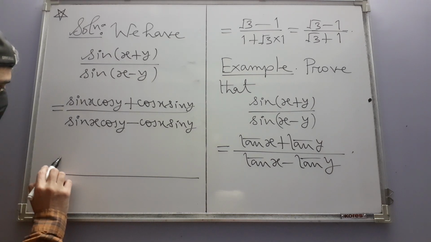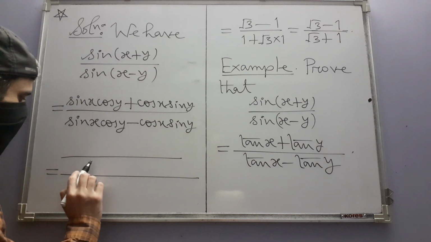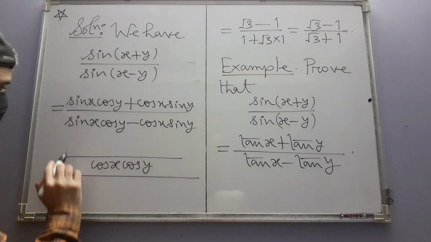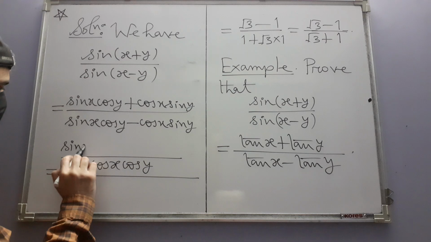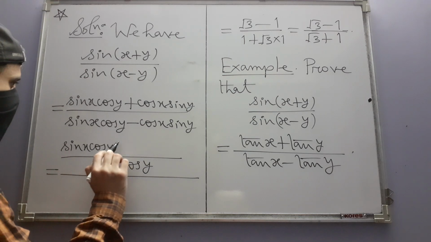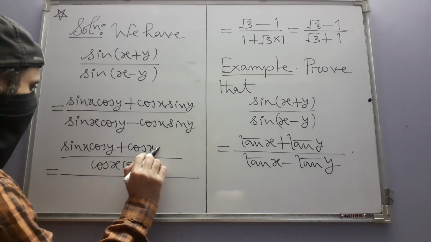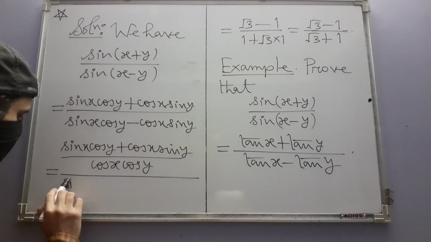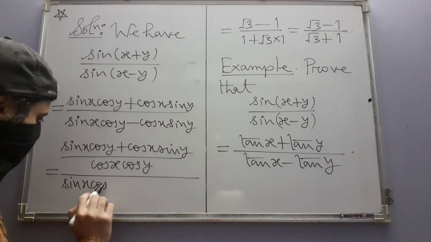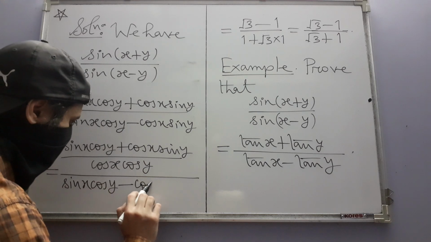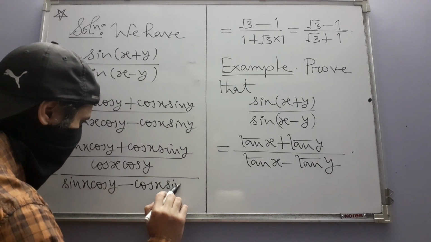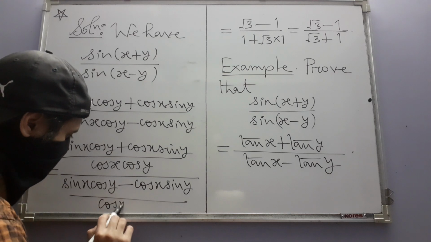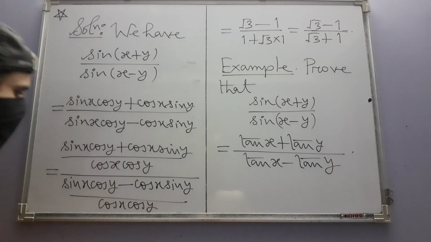So you divide by cos x cos y. Minus cos x sin y over cos x cos y.